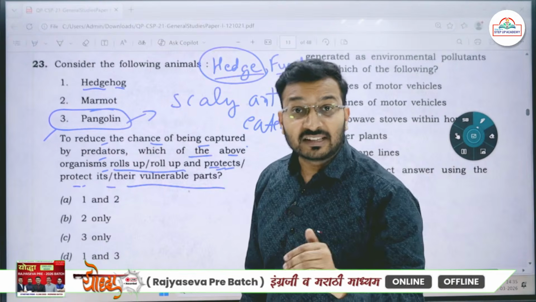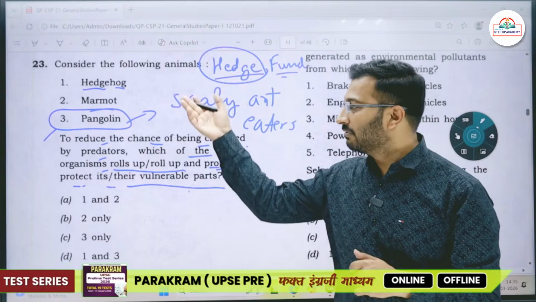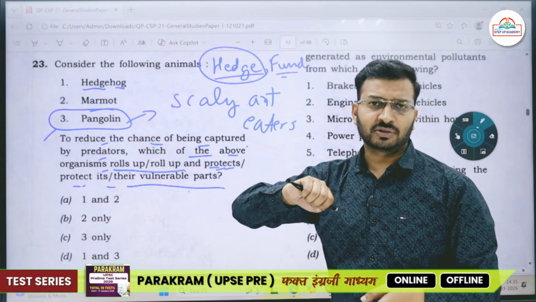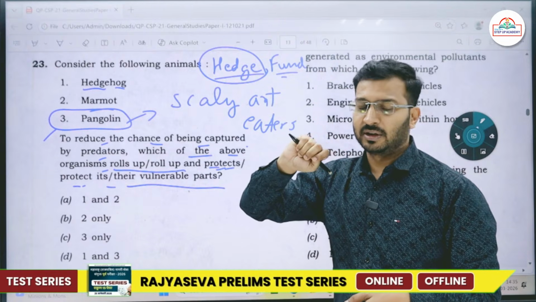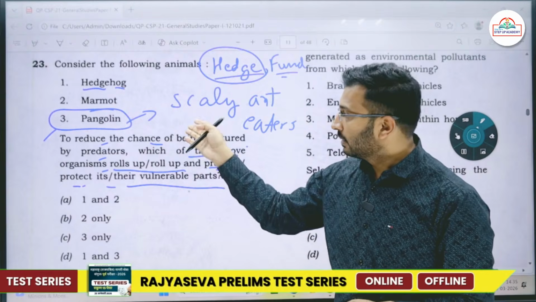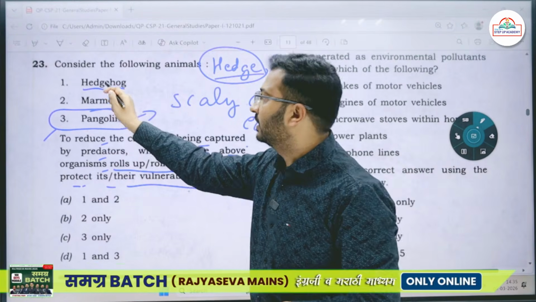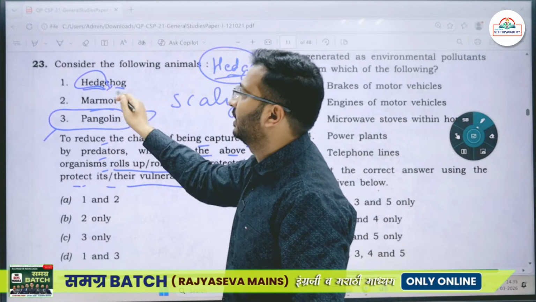Okay? In the examination you have to apply such kinds of logic, or else it will become very difficult. Which all organisms are you going to study in this world? There are crores and billions of species of animals in this world. It is not possible to do. But by reading the statement very thoroughly, protecting himself or herself, so hedging, hedge fund from economy, I'm utilizing that concept over here, and hedgehog.